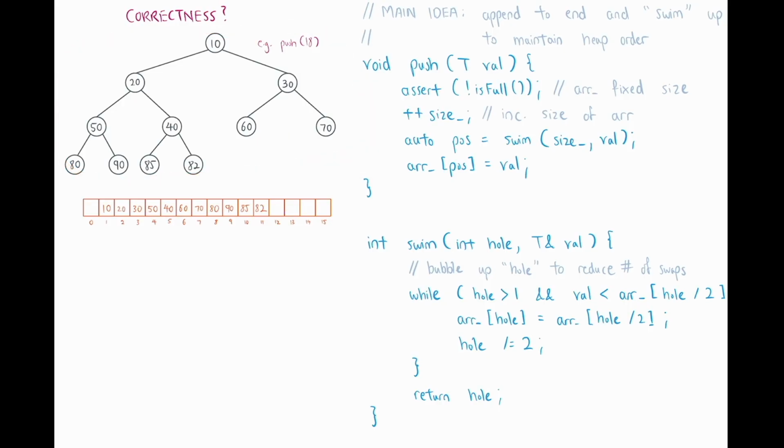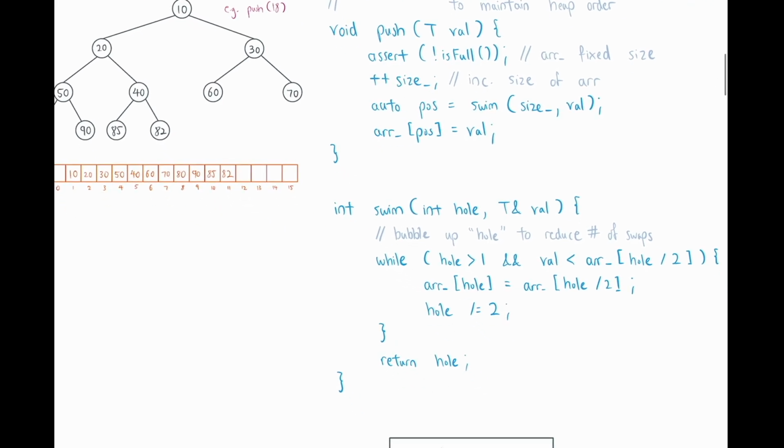You cannot just put something anywhere. You need to push it in a manner that maintains the heap properties, both the structure property as well as the order property. This is what swim will help us do. When we get the correct position, we make a hole somewhere in here and put the value into that hole.